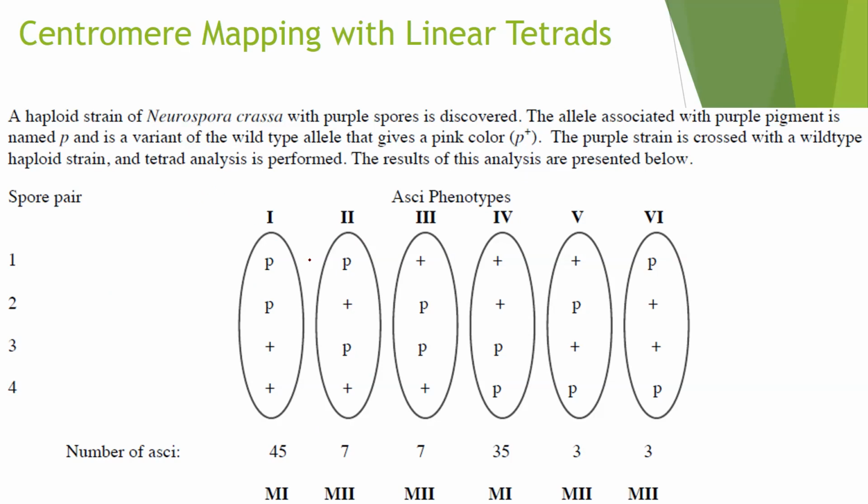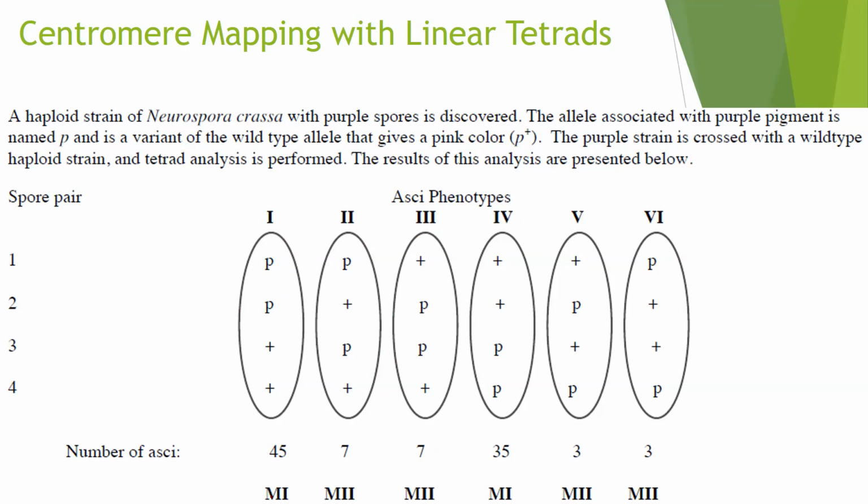Okay, so if we do a test cross, and this is the progeny, so we have 1, 2, 3, 4, 5, 6. We have 6 types of asci. Based on this information, you can immediately figure out which one is which, right? I gave you the tetrad, rather than the octad. Based on the pattern, you can easily figure out.